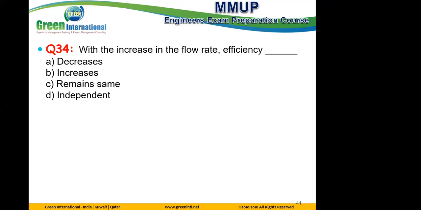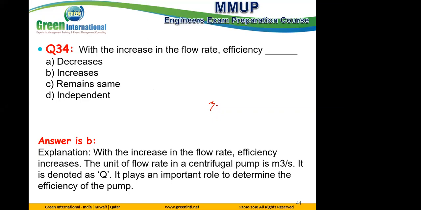It decreases. I will write the equation. Increases. A. This is the general equation for efficiency. In this case, what is the output coming from the flow? It means gamma QH, this is the power, divided by the input power coming from the motor. Correct or not?